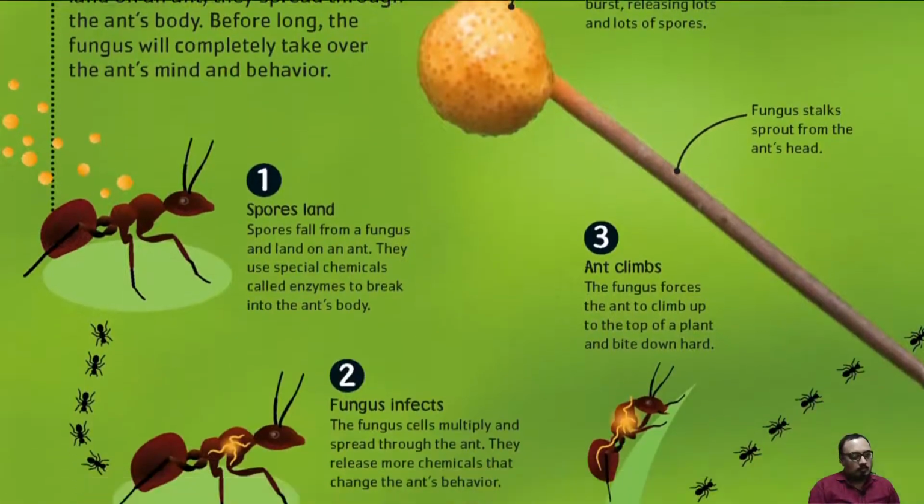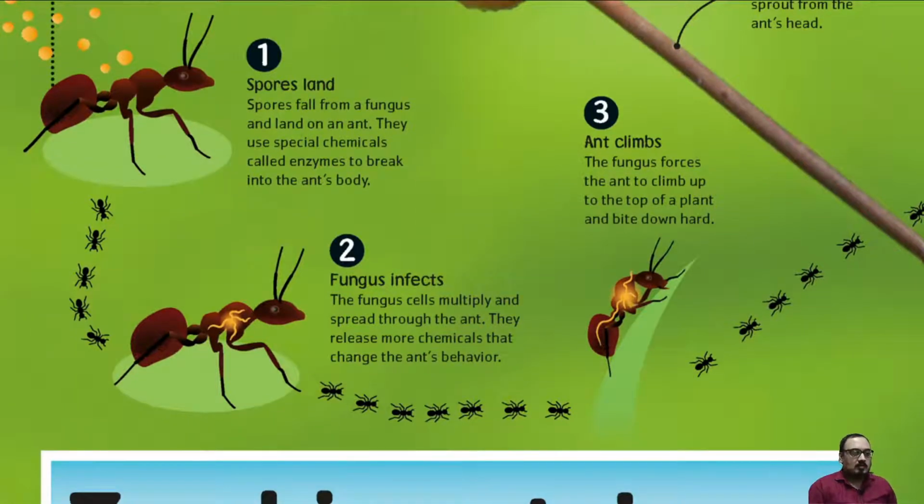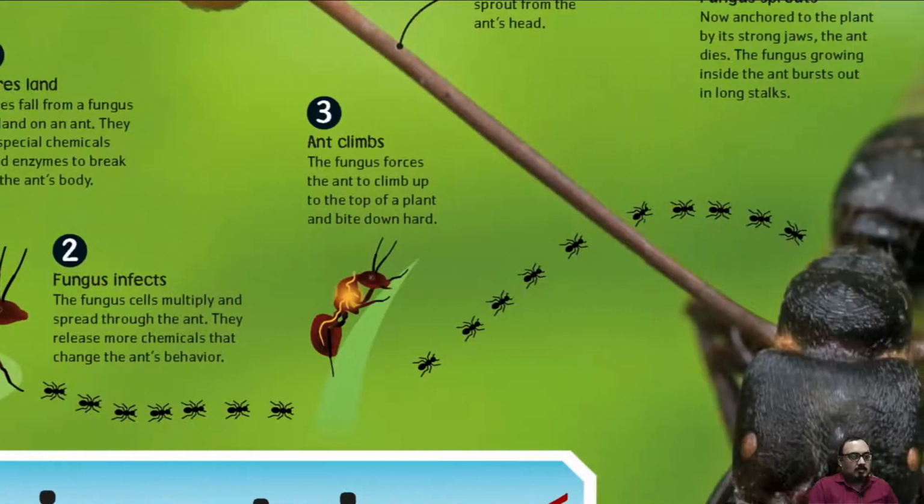Once a spore falls from the fungus and lands on an ant, it uses specialized chemicals called enzymes to break into the ant's body. The fungus starts the infection, multiplies and spreads through the ant, and releases more chemicals, which lead to a change in the ant's behavior.